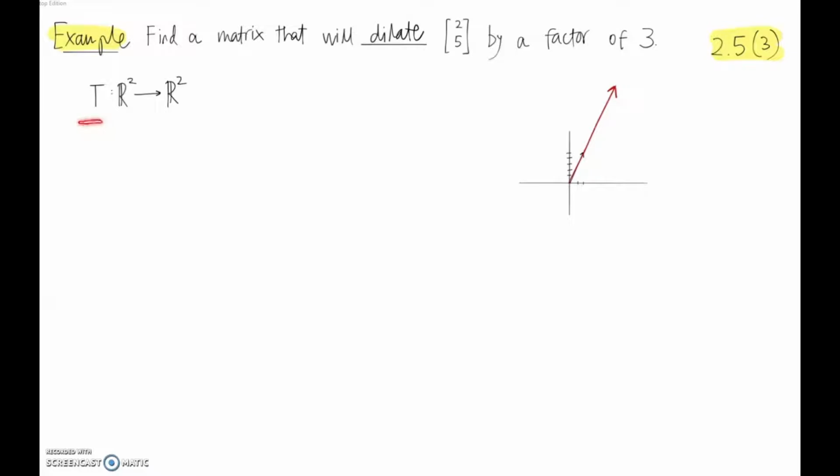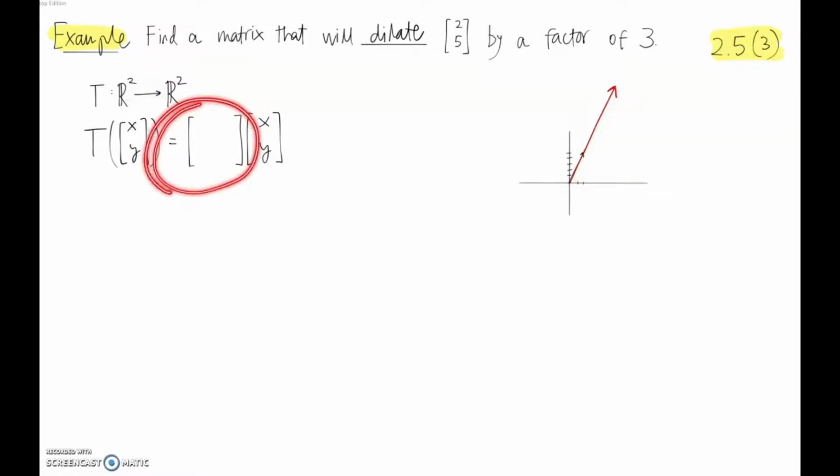So the transformation that they're asking for is a transformation from the vector space R2 right back into R2, because these vectors both live in R2. And whatever this transformation is, we want it to take x, y, and we want x to grow by a factor of 3, and we want y to grow by a factor of 3. So we think about what possibilities there could be. We want x to grow by a factor of 3, but no y.